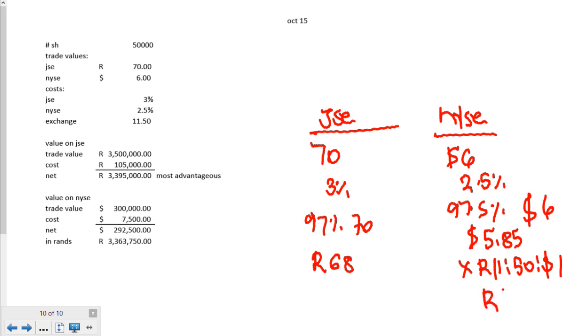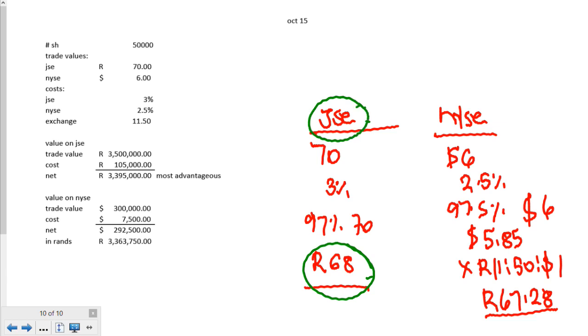And I get 67 Rand 28. Do you agree? So which one is the more advantageous market? It's the one with the best price, isn't it? So it's this one. And that's the calculation I did here, although here I did the calc for the 50,000 shares.